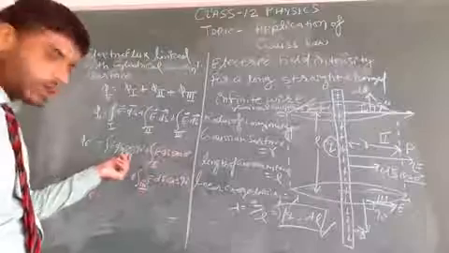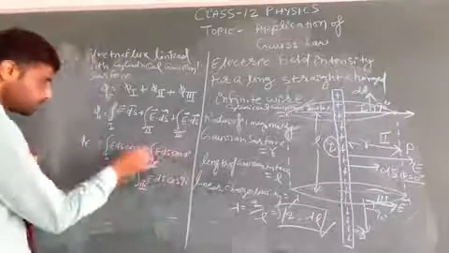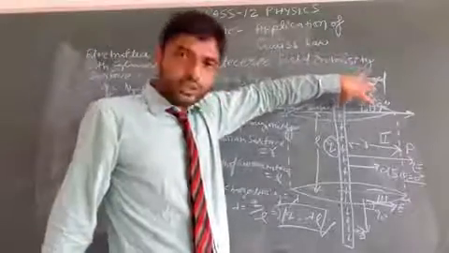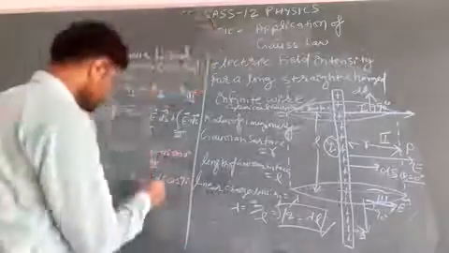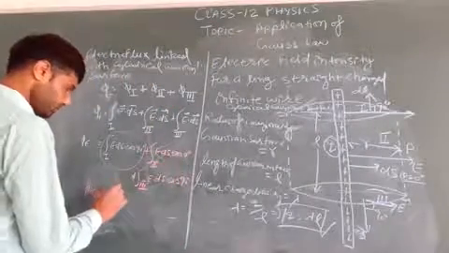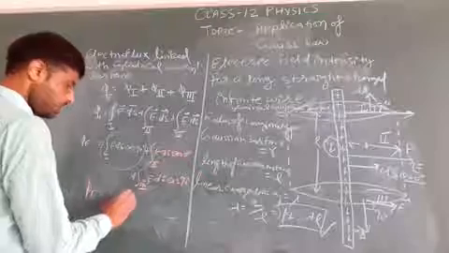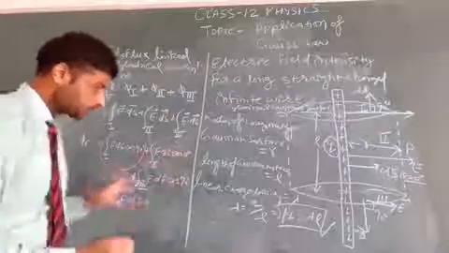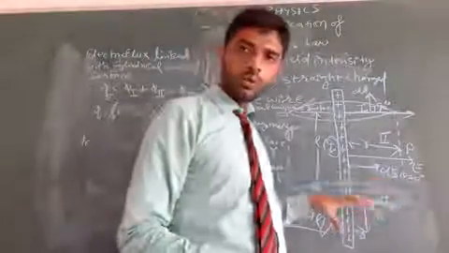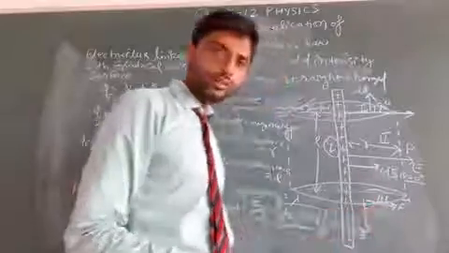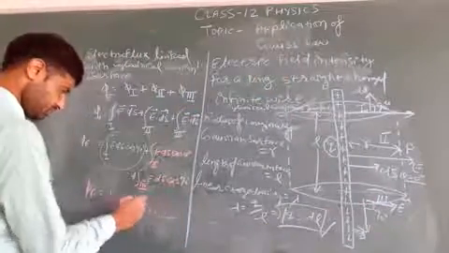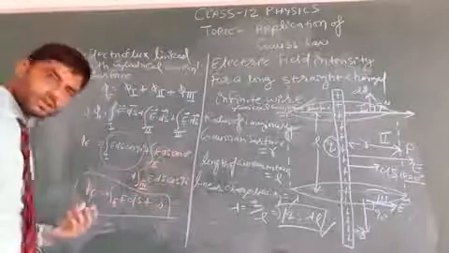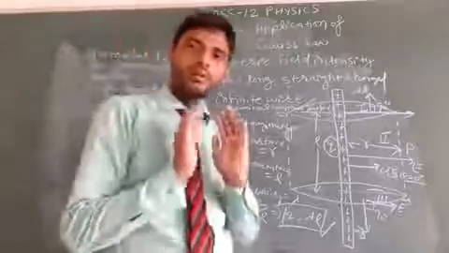The value of cos 90 is 0. So it means flux linked with this portion is 0. The value of cos 0 is 1. So E ds cos 0 is E ds. And flux linked with the bottom is also 0, because cos 90 is also 0. So total flux is given by only the curved surface area.